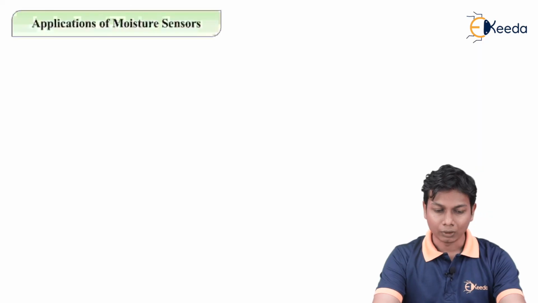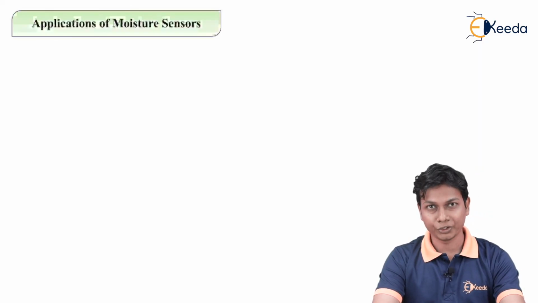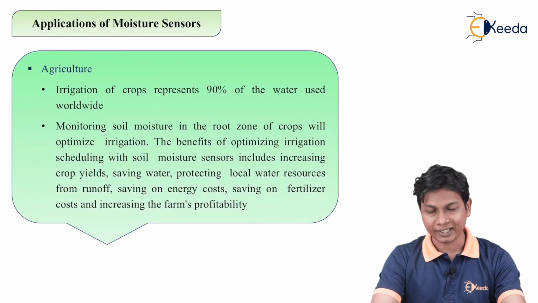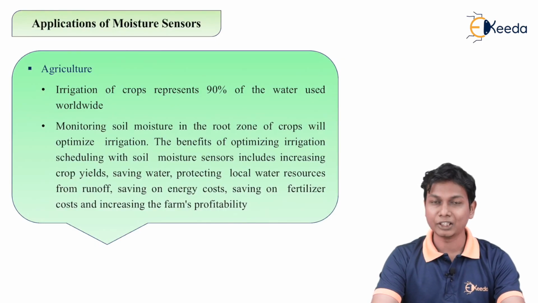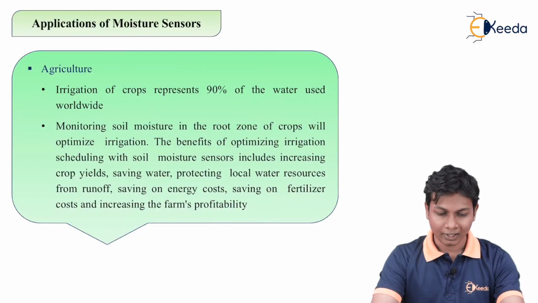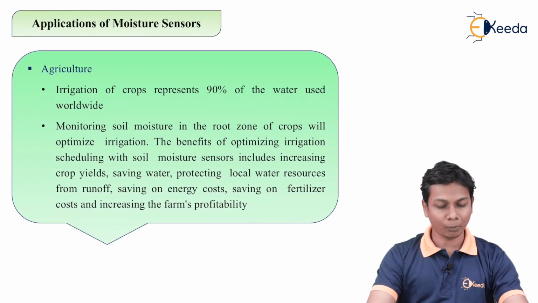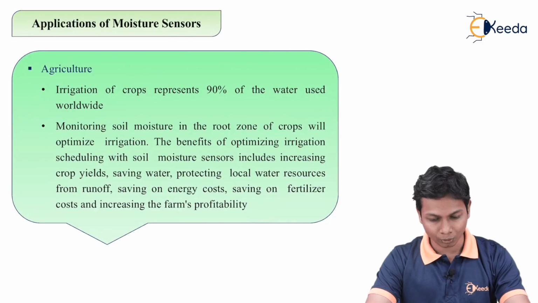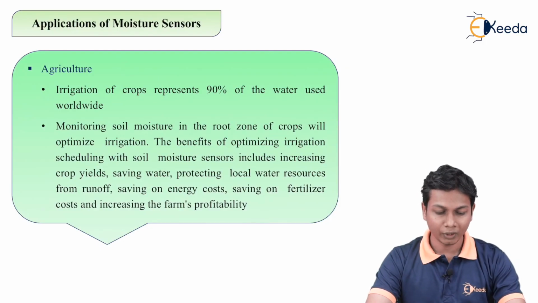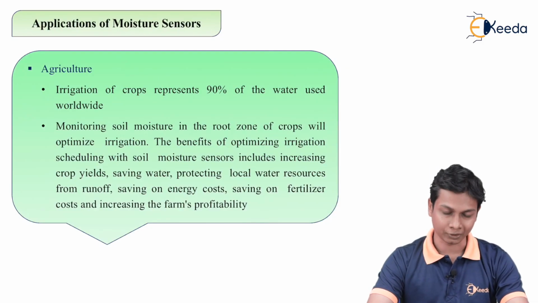Now, the application of the moisture sensor. I have already said that the moisture sensor is basically used for agriculture purposes. Irrigation of crops represents 90% of the water used worldwide. Monitoring soil moisture in the root zone of crops will optimize the irrigation.